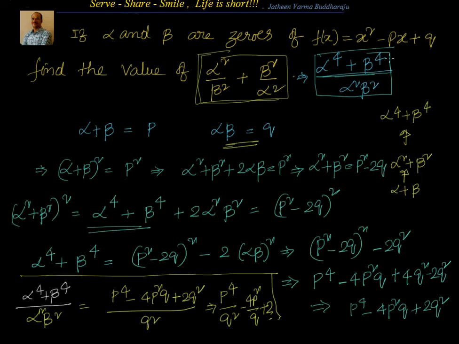We started with alpha plus beta, moved to alpha square plus beta square, then calculated the value of alpha to the power of 4 plus beta to the power of 4, which we divided by alpha square beta square, and we found that the value is equal to p power 4 divided by q square minus 4p square by q plus 2.